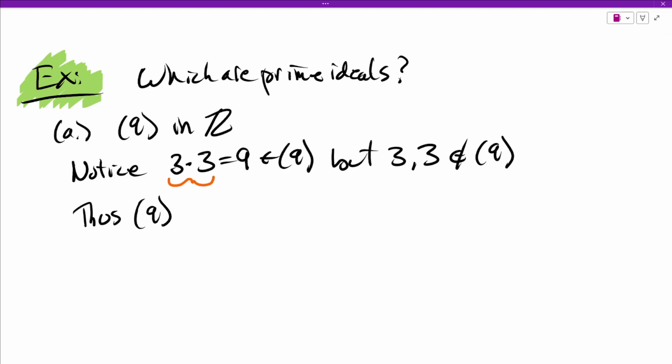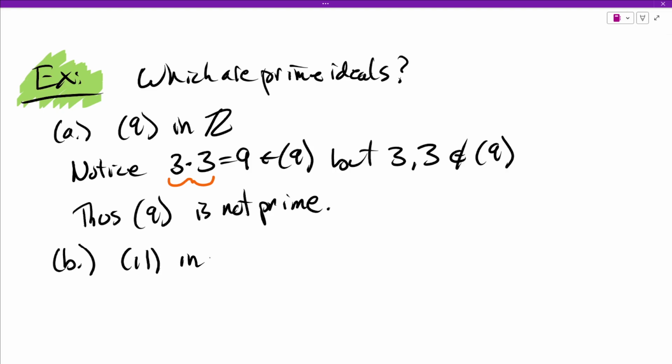Thus, this is not prime because we found an example of a product which was in our ideal, but neither of the terms of the product were in our ideal. So the intuition was right to think that this is not prime. Nevertheless, we do have to argue it, and this is how one would argue it.